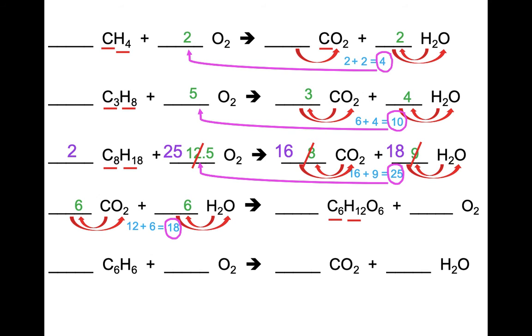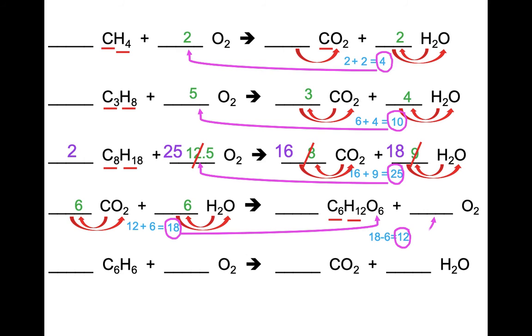However, take a look at the C6H12O6, which you know is glucose. We cannot put anything in front of the glucose because we already have our carbon and hydrogen balanced. So what we want to do is take out those 6 oxygens that the glucose has, and we need now a total of 12 oxygens to make sure we have 18 oxygens on both sides.